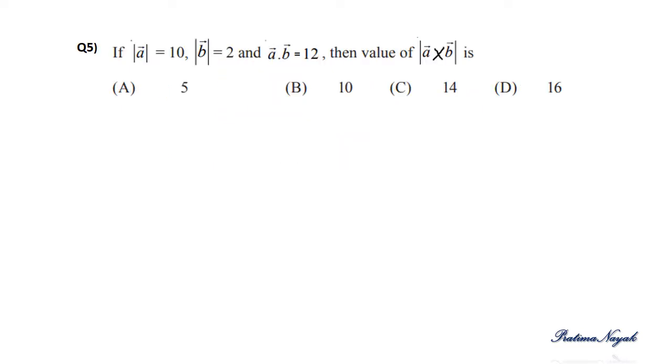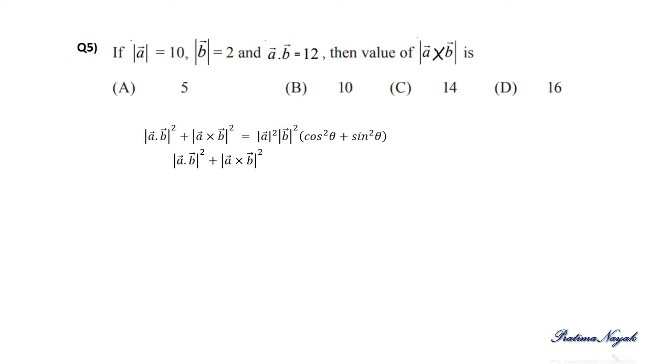Magnitude of A is given as 10, magnitude of B is given as 2, A dot B is given as 12, and we are asked A cross B. So A dot B square is equal to mod A square mod B square into cos square theta. Similarly, A cross B square is equal to A square B square into sin square theta. If we add them, it will be just A square into B square.